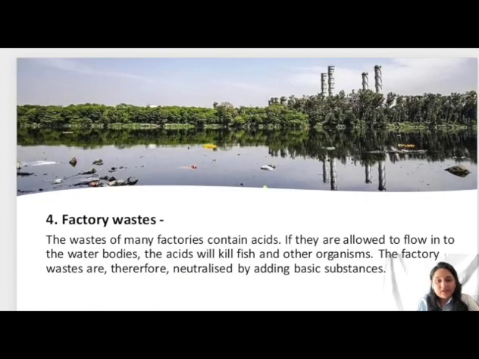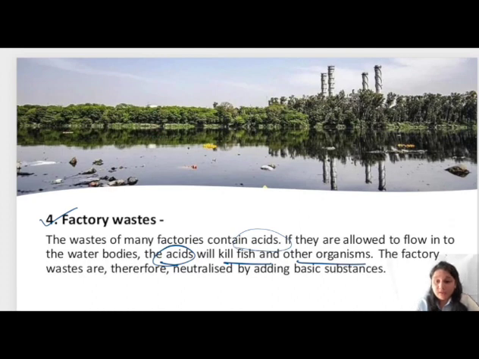Our next example is factory waste. As we know, we are getting so much waste from factories, and it contains a lot of acids. If acid-contaminated water flows into our water bodies, the acid can kill fish and other organisms and affect the water bodies very heavily.